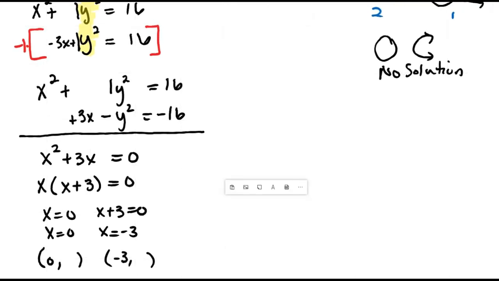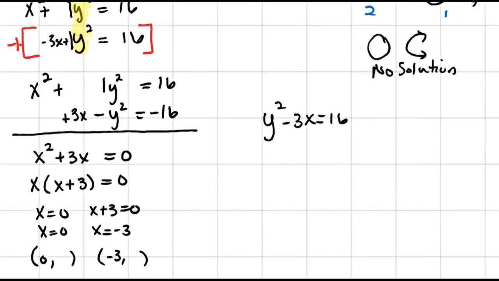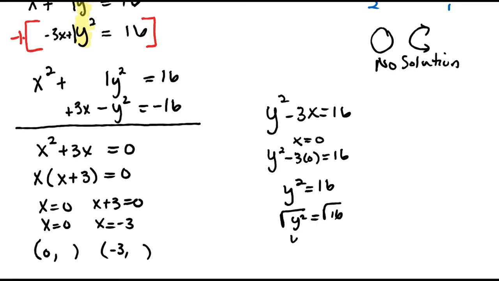I can substitute these x's back into any equation with two variables, so I'll use this one here, y squared minus 3x equals 16. If my x is 0, that's y squared minus 3 times 0 equals 16. Y squared equals 16. I'll square root both sides to get y equals plus or minus 4.